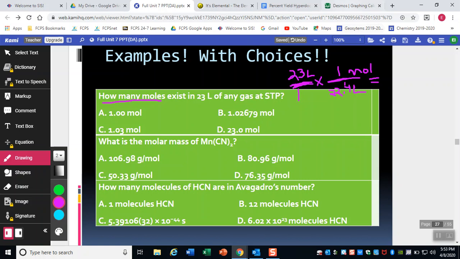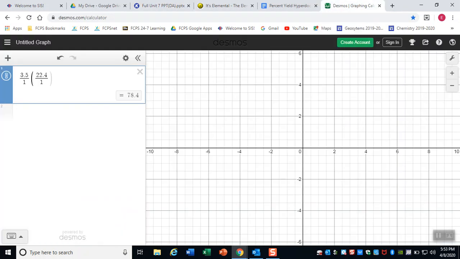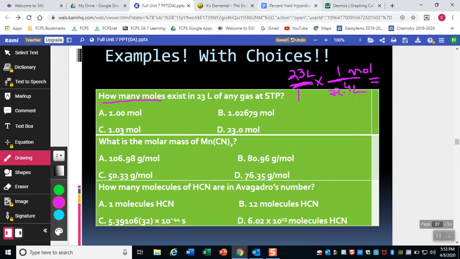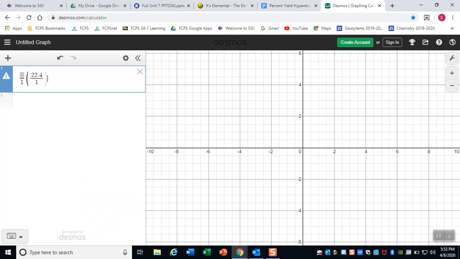Or just use your Desmos here. What were we given again? 23 liters. But now the liters was on the top, so the 22.4 is going to be on the bottom, and the moles are going to be on top. So this can flip over.